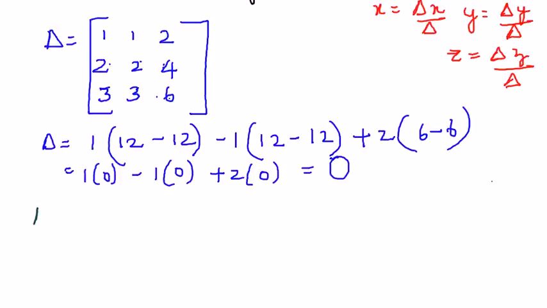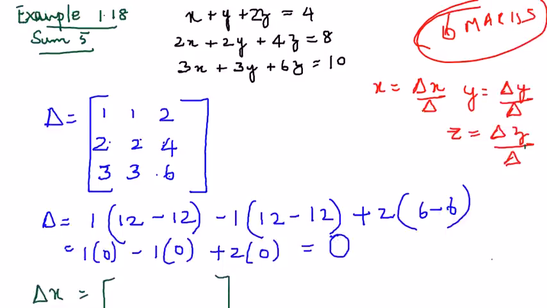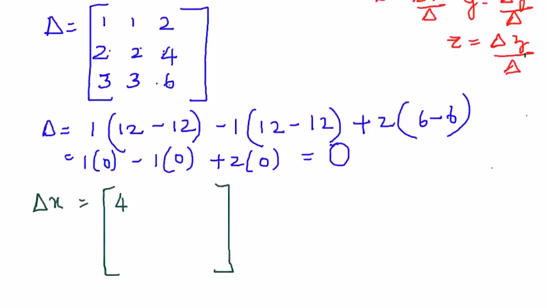Now let's find out what del x is. How do you form the matrix for del x? First write the resultant column 4, 8, 10. Then write the y and z coefficients: 1, 2, 3, 2, 4, 6.